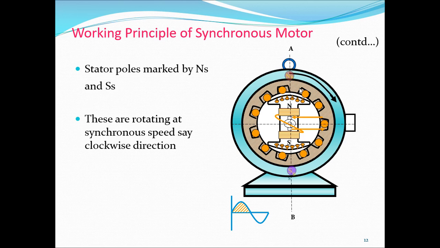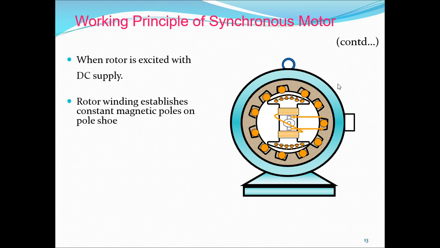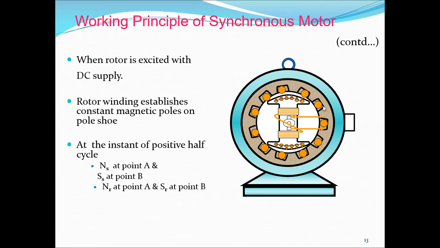If we combine these three fluxes, we get a resultant flux which is constant at any instant, its value is 1.5 times the maximum flux, and it rotates at synchronous speed. Because of this flux, magnetic poles are produced on the stator.